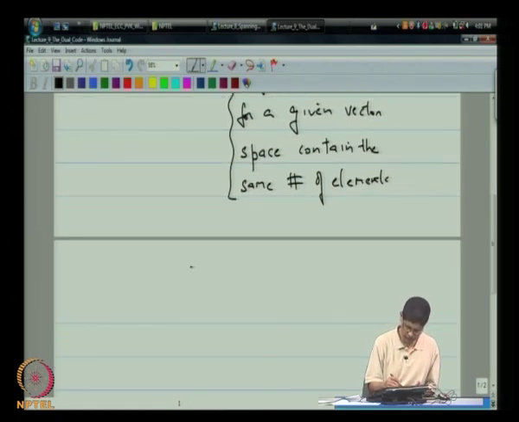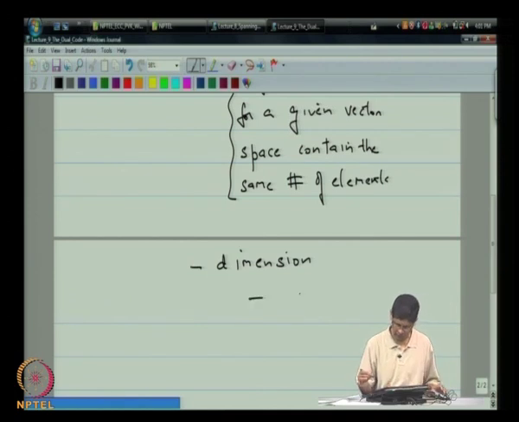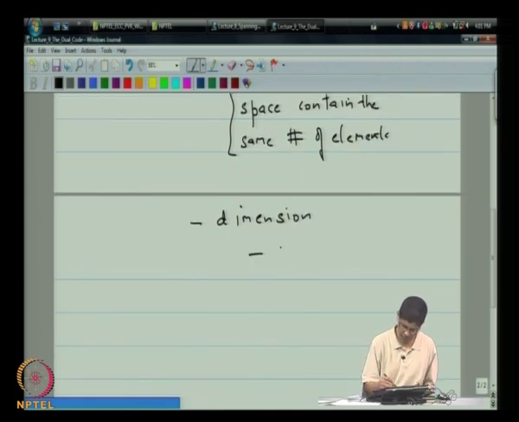This led to the concept of dimension, first of a vector space, and then of a linear code.